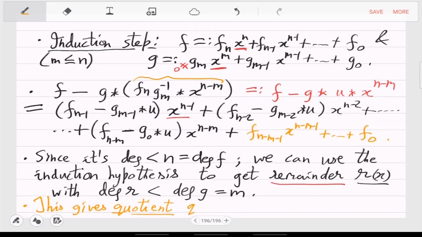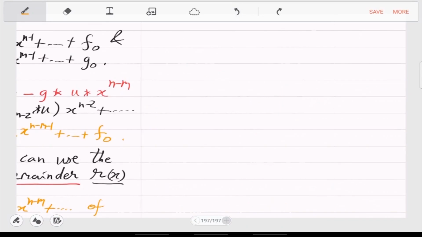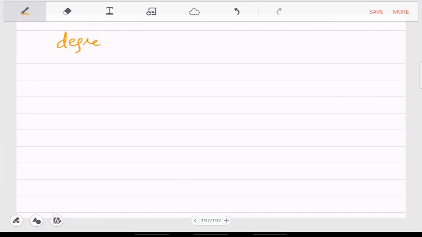This gives quotient q, which is this fn by gm, or same notation, which is the degree of f minus the degree of g.